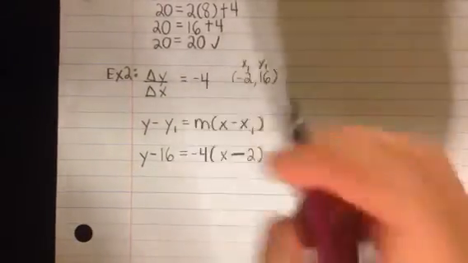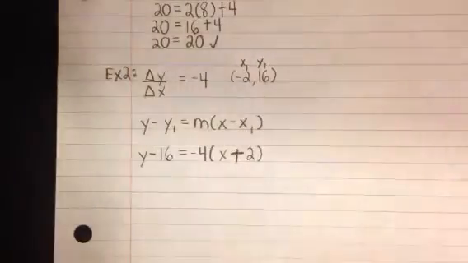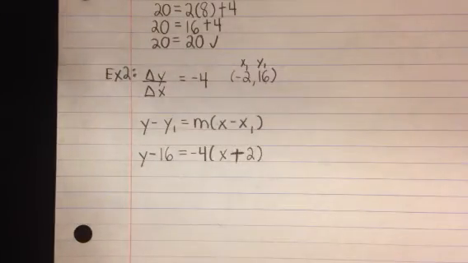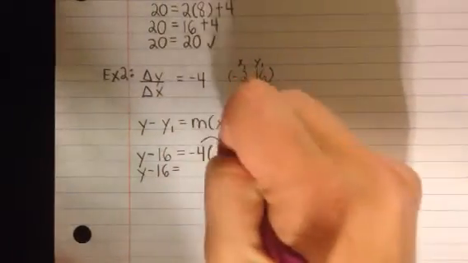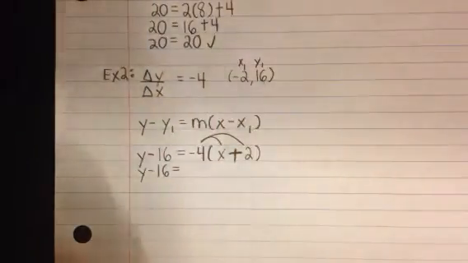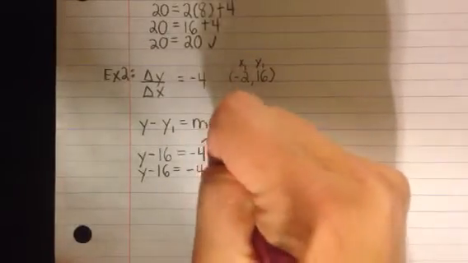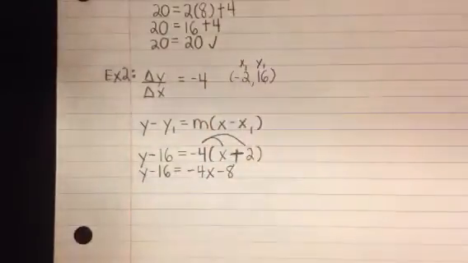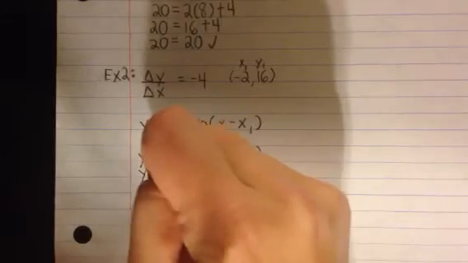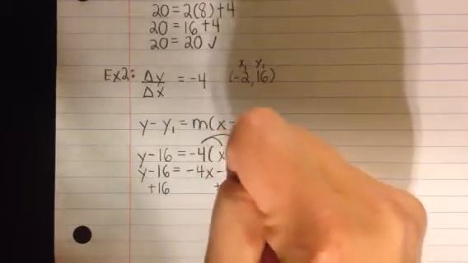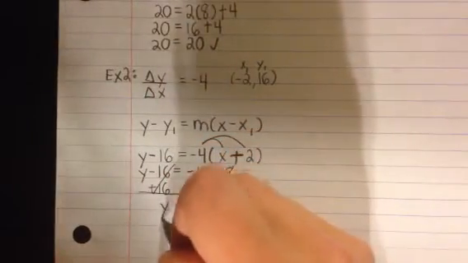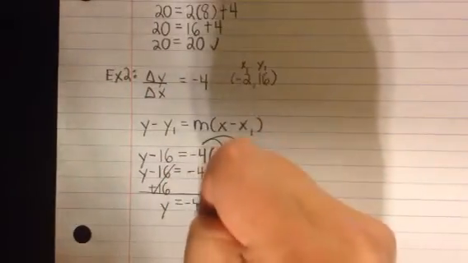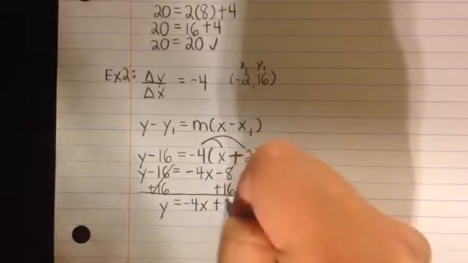Remember, when we have minus a negative, it turns into a big old plus. So now drag down the y minus 16, distribute that negative 4 out, you get negative 4x minus 8. So here, last step, add 16 to both sides. Okay, we get y equals negative 4x plus 8.